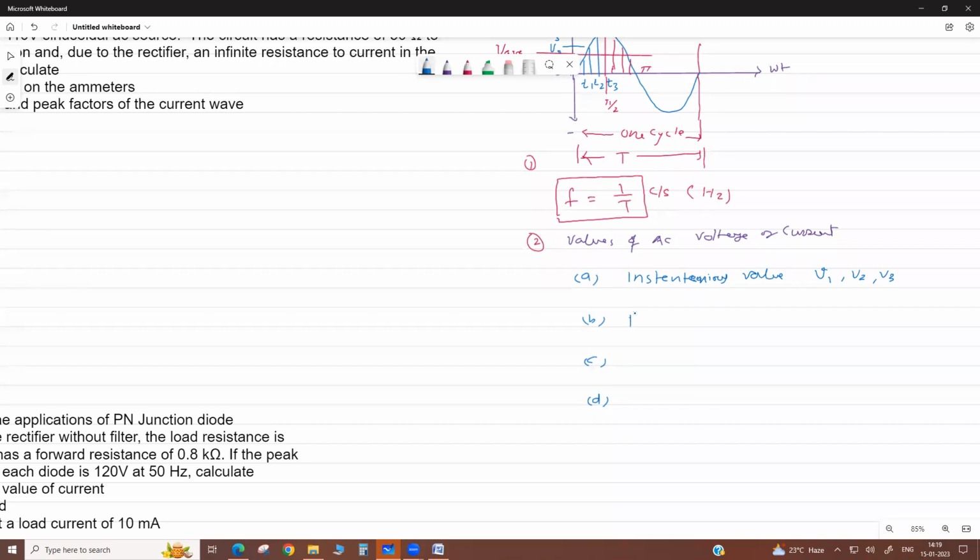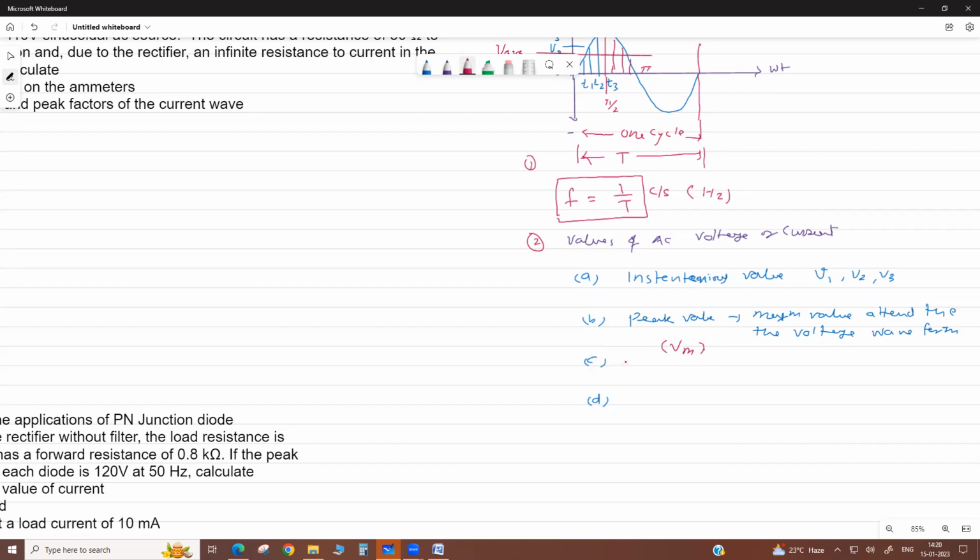Then the peak value. It is the maximum value attained by the voltage or current waveform. That is the peak value. Now this peak value means maximum value.